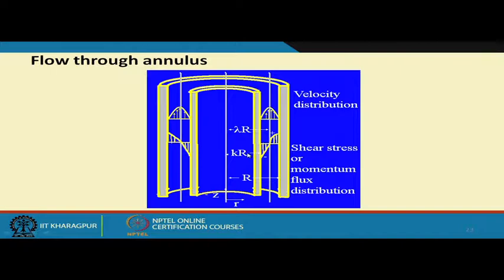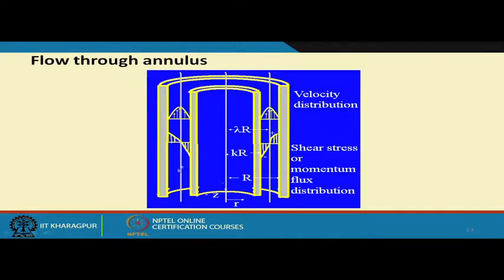So, if we take this, then we have to find out what is the velocity distribution in this annular space and what is the shear stress or momentum flux distribution in this, right. Our coordinate system is r, z, where r is the radial one, z is the vertical, and the third one is theta.